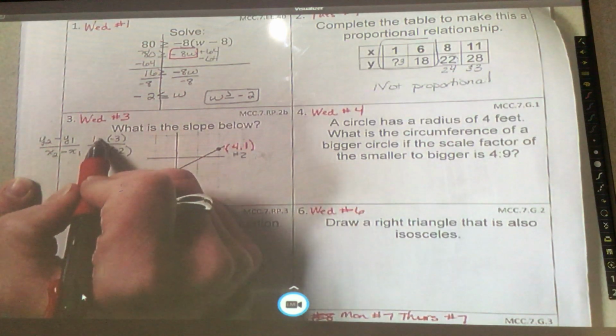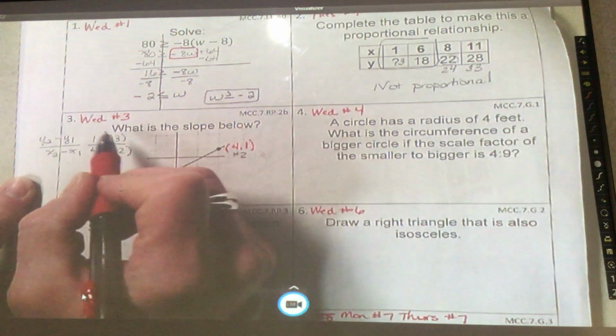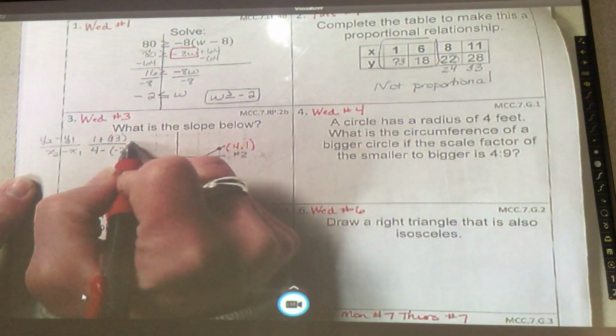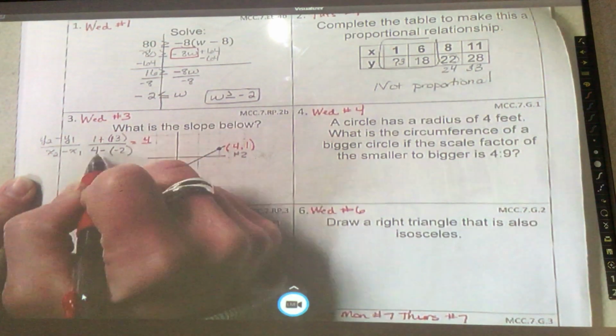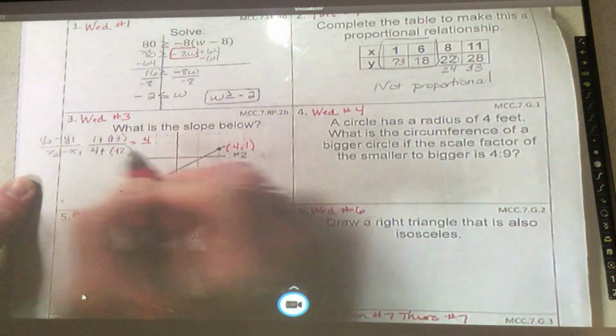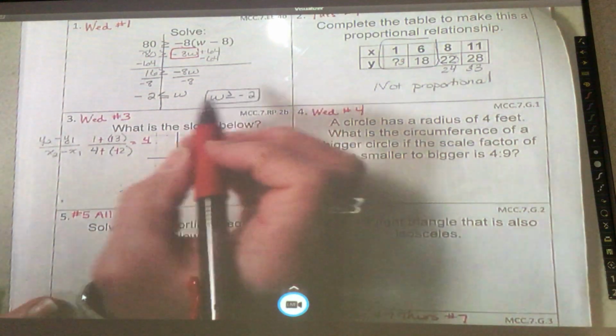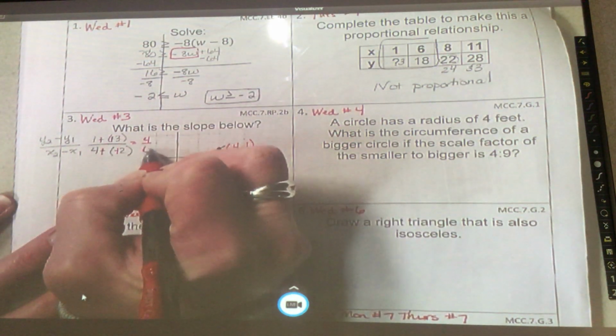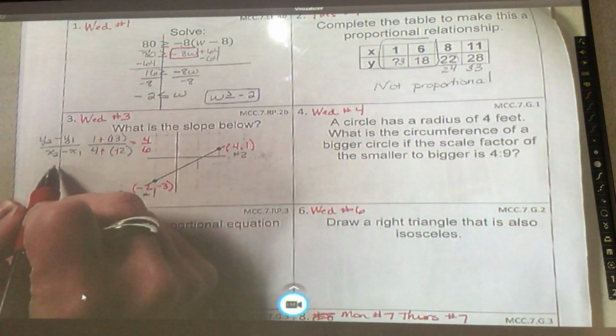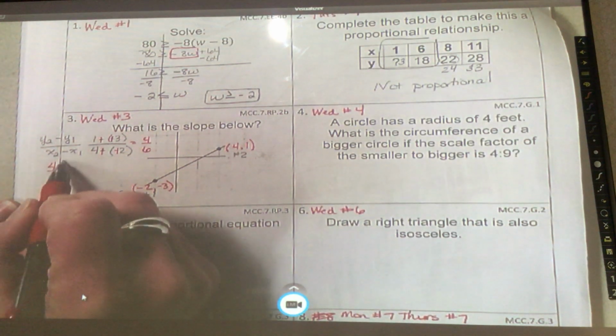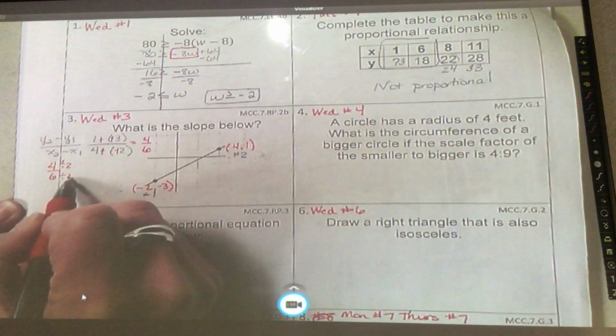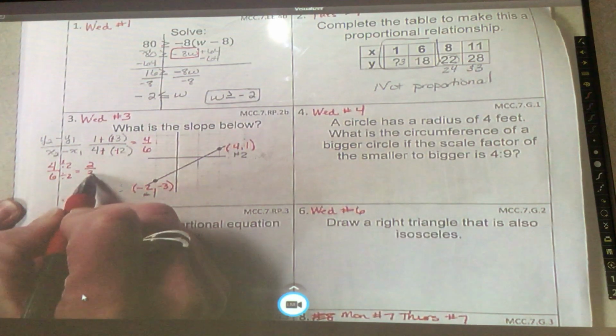Keep, change, change. So 1 plus a positive 3 is 4. Keep, change, change. 4 plus 2 is 6. So then I need to take 4 6 and I'm going to reduce it by 2. And I get 2 thirds.